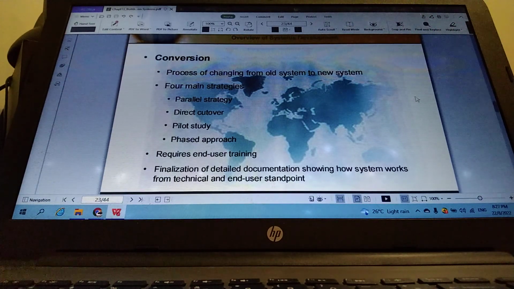Moving on, we do have what we call the phase approach, or stage implementation, where we implement the system stage by stage. Maybe we have phase 1, phase 2, phase 3. Especially when the project is too large, too complicated, too expensive, the investment cost is very high, or sometimes it takes years to complete the entire project, then the option we have is to go for the phase approach.